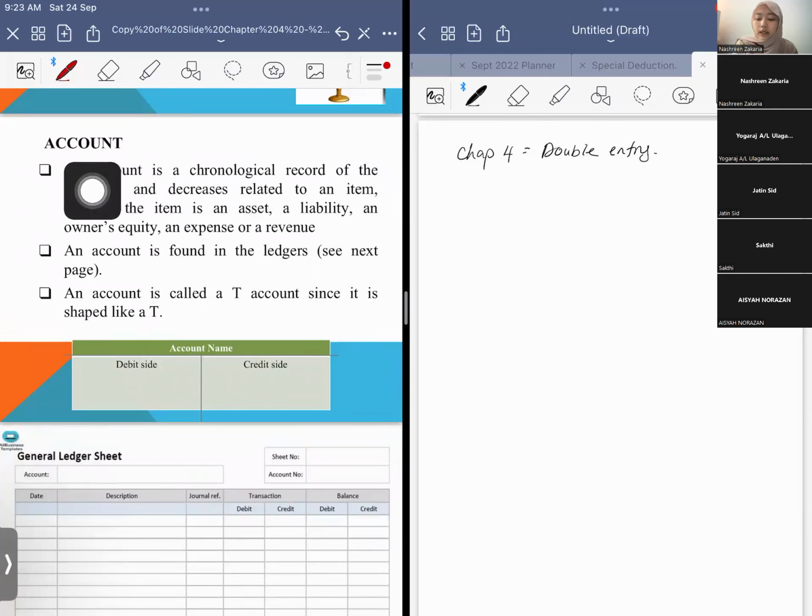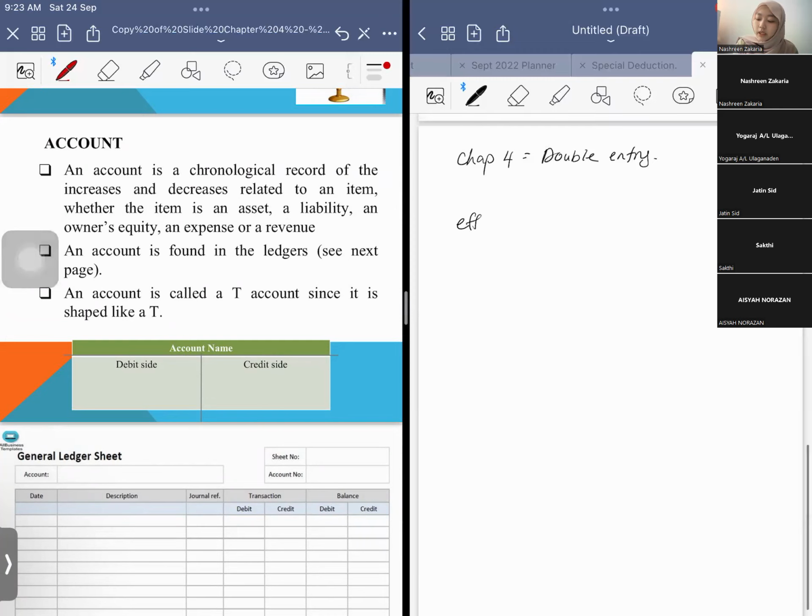Okay, account. An account is a chronological record of the increases and decreases related to an item, where the item is an asset, a liability, owner's equity, or expenses or revenue. I mentioned just now, every transaction must have an effect.